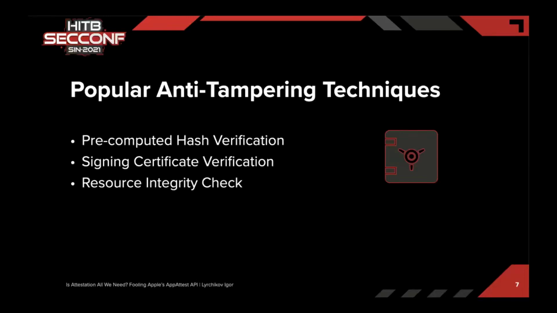It checks whether some specific part of the code has been tampered with by computing its signature at runtime and checking it against a pre-computed hard-coded hash of its content. And the last one is a resource integrity check. It verifies the signature of specific resources at runtime. For example, these resources could be an image or other assets inside the application bundle.